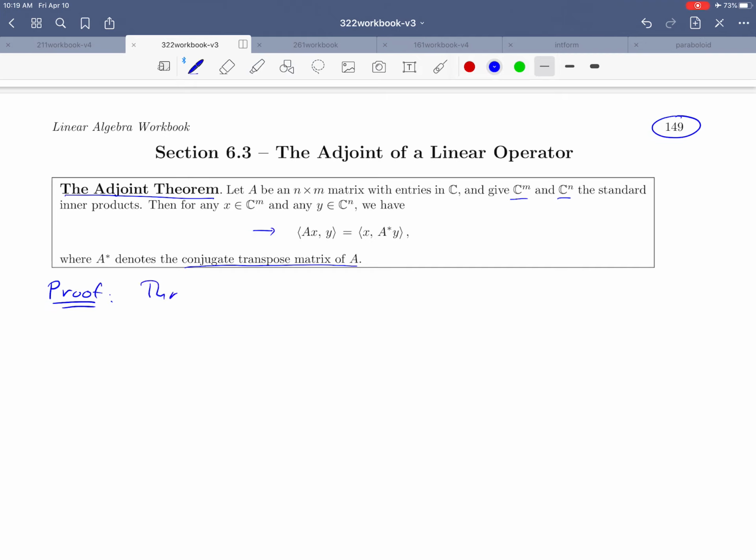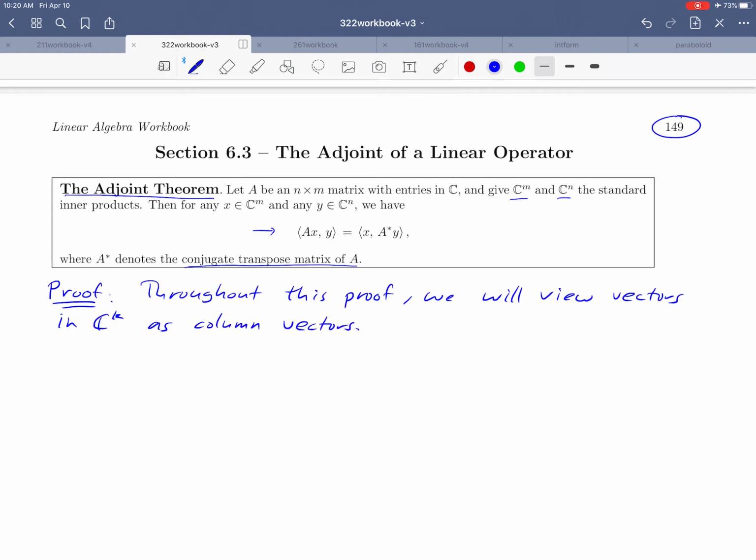All right, so let's make a couple of remarks first here. Throughout this proof, we're going to view vectors in C^k as column vectors, just because that's convenient for what we're doing here.